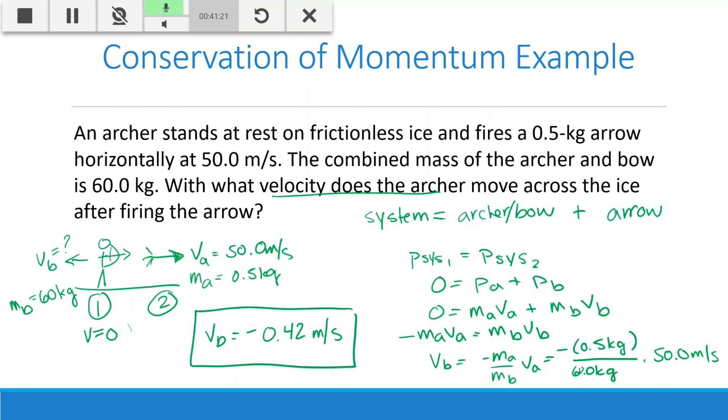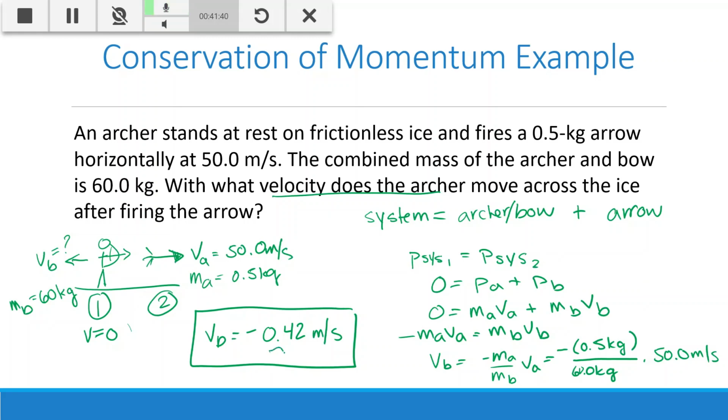The negative just tells us that the archer is going to the left, which makes sense. It would be that rebound effect: the bow is exerting a forward force on the arrow, so the arrow exerts a backwards force on the bow, and it's getting pushed backwards.